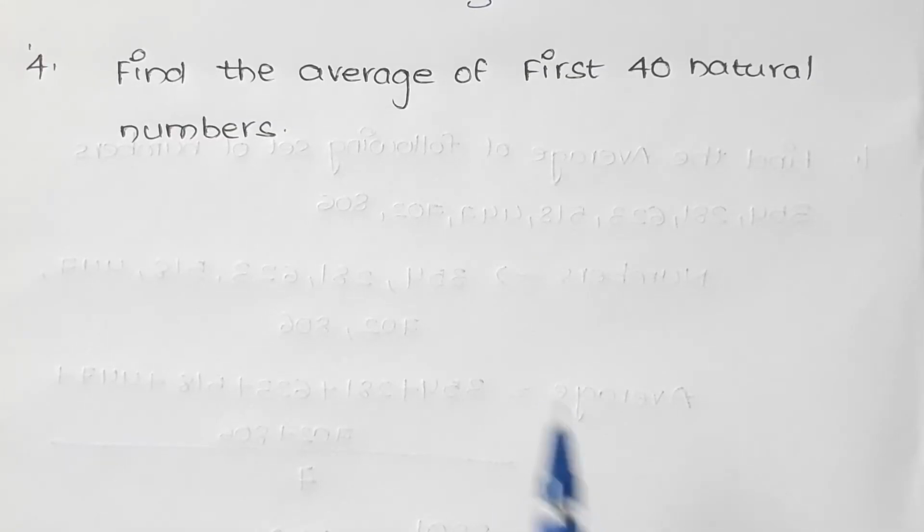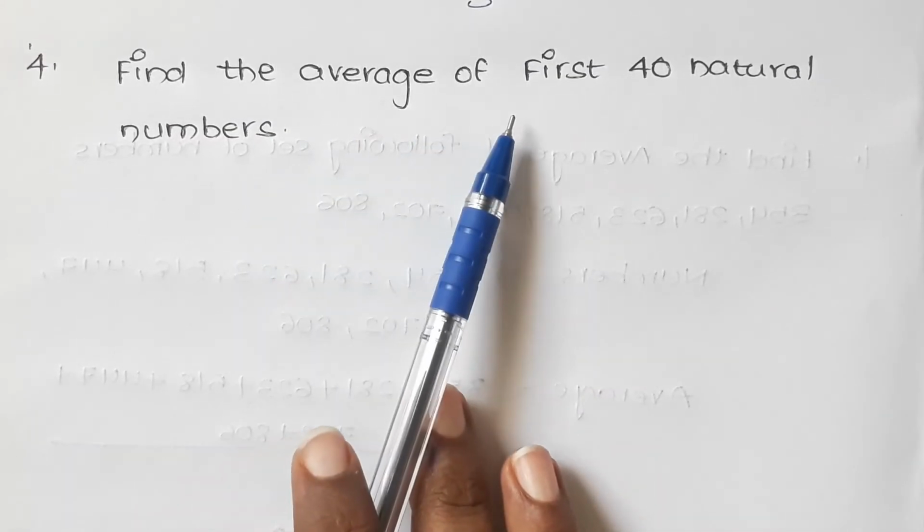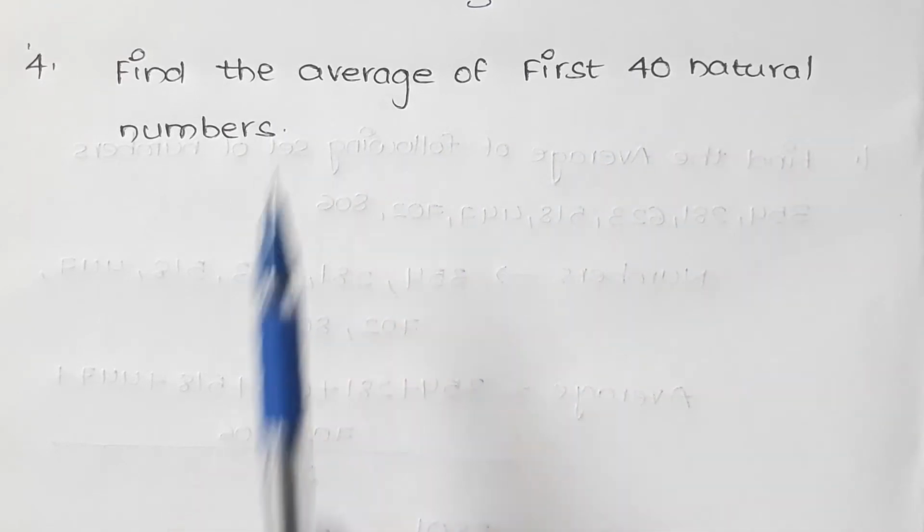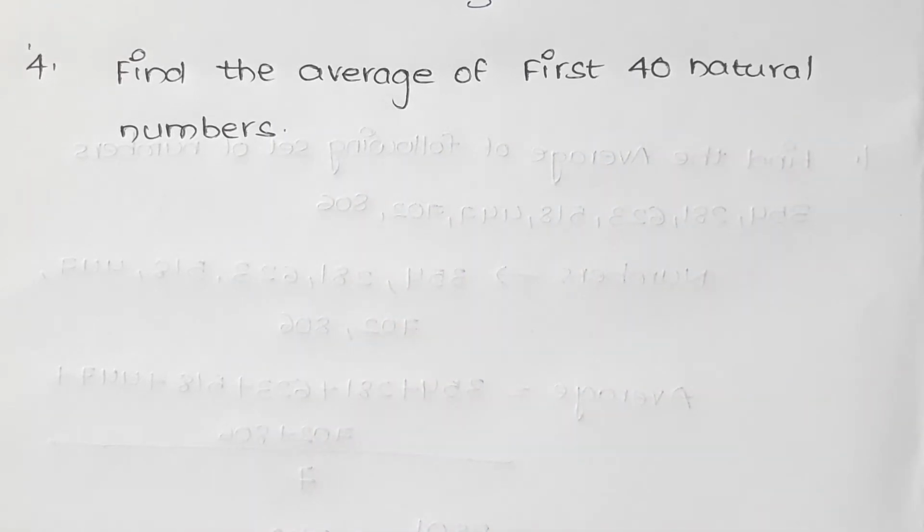That is, find the average of first 40 natural numbers. Here we already know the natural numbers, that is from 0 to infinity, all are natural numbers, and now they ask to find the average of first 40 natural numbers.